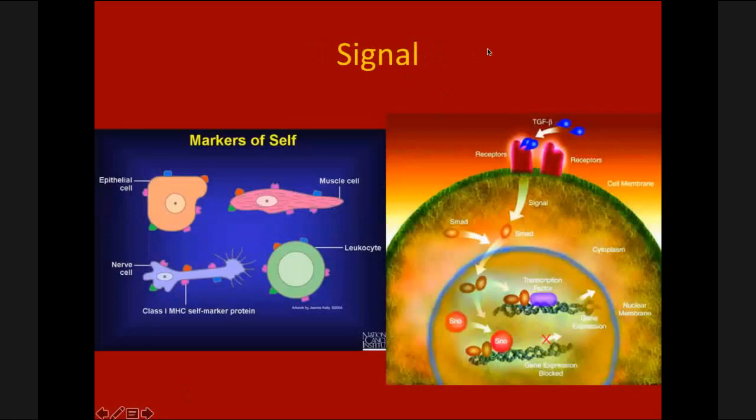Every single one of your cell membranes has labels, protein labels, right? They're signaling to indicate the difference between a heart cell and a liver cell and an intestine cell. Every category of cell has a different protein label that helps your body to know what's a liver, what's a heart.